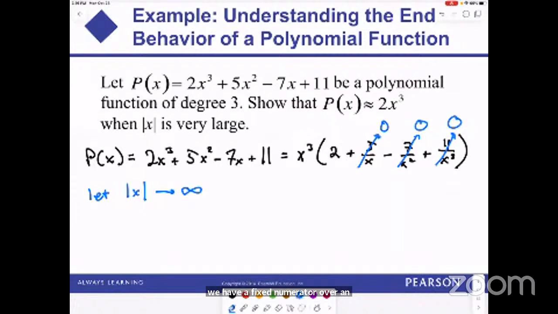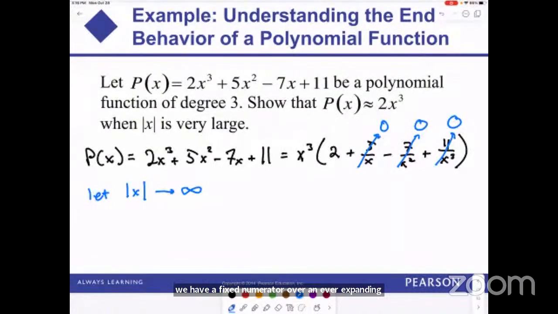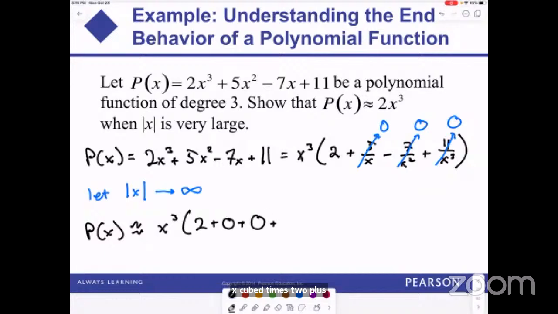So all of those terms tend to 0 as the absolute value of x tends to infinity, okay? So then the given polynomial is going to be approximately equal to x cubed times 2 plus 0 plus 0 plus 0, right? Which is 2x cubed.